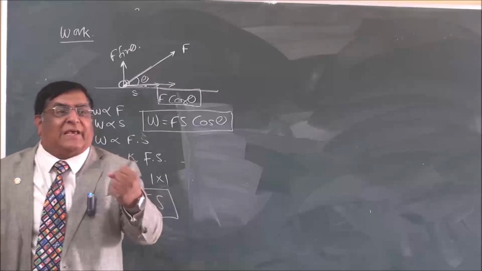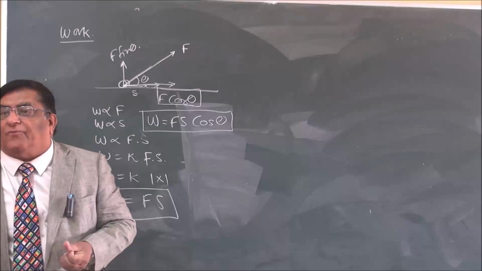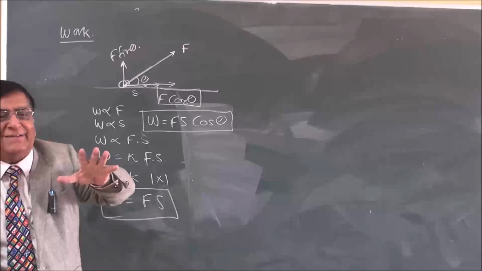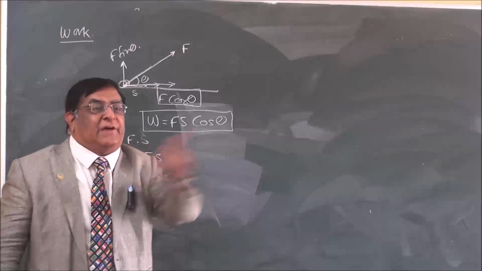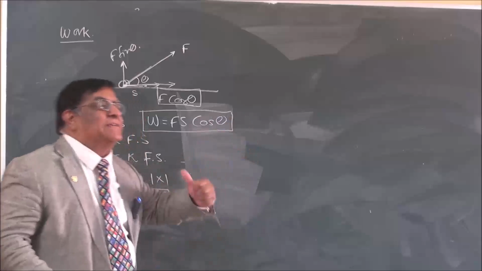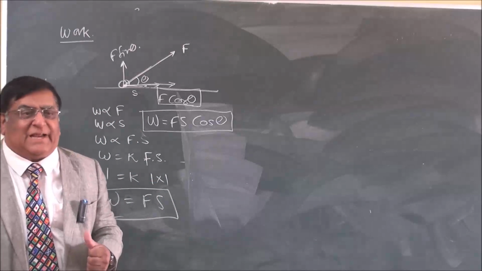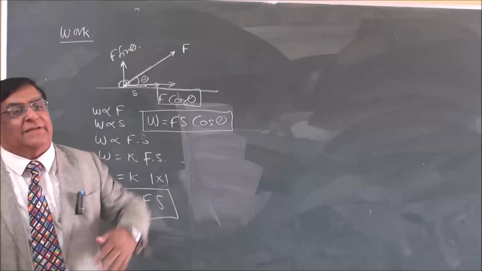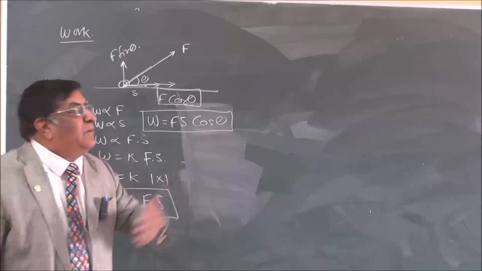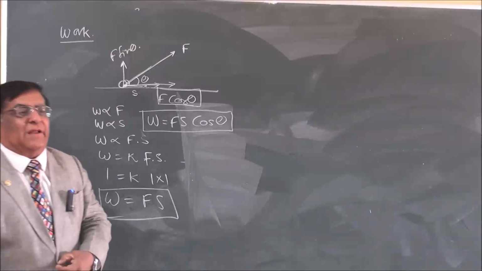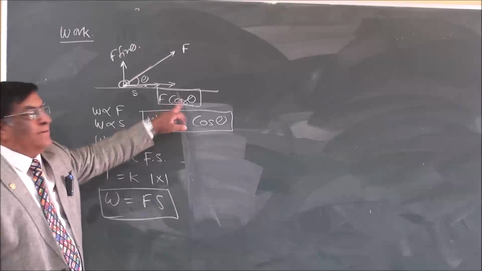So why the name scalar multiplication of vectors? Because of this example. It is not that it is a scalar multiplication, therefore work is scalar. No. Because work is scalar, this multiplication is called scalar. Understand? So first we discovered this, and then we gave the name that this multiplication henceforth will be known as scalar multiplication.